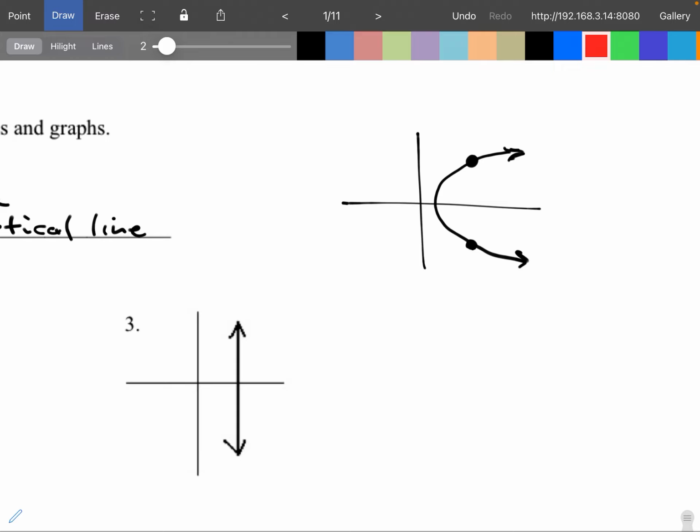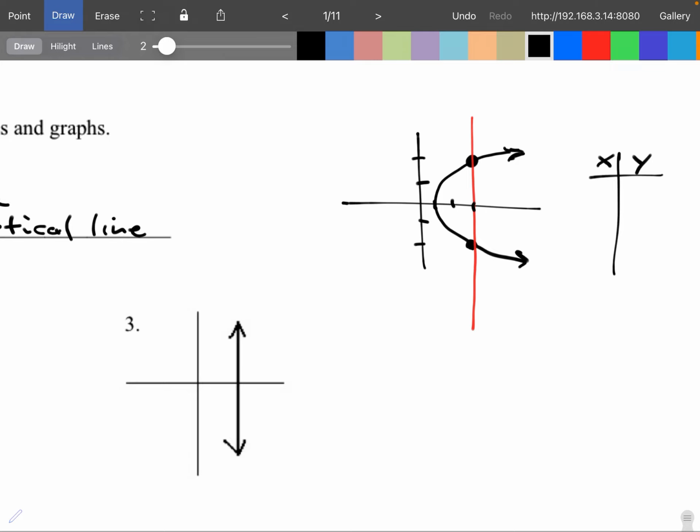You don't have to graph this part if you don't want to. Is that a function? No, because there's a point that's directly above or below another point, right? Well, what you can do is something called the vertical line test. If I draw a line anywhere on that graph, if I hit more than one point, then it's not a function.